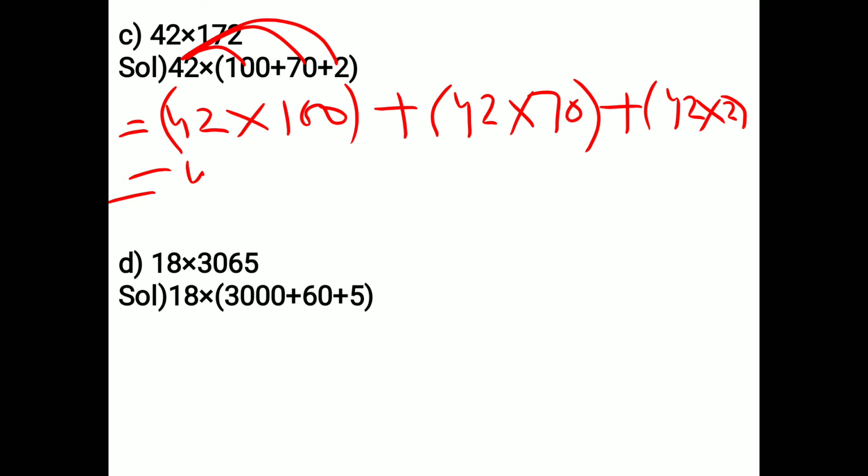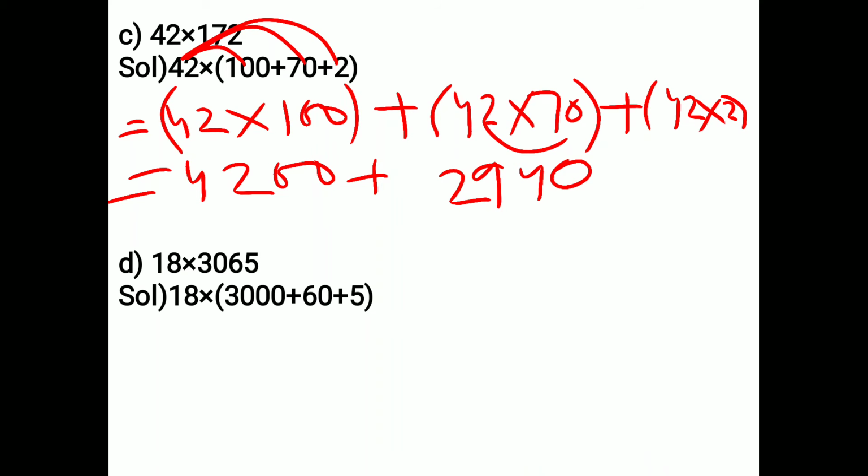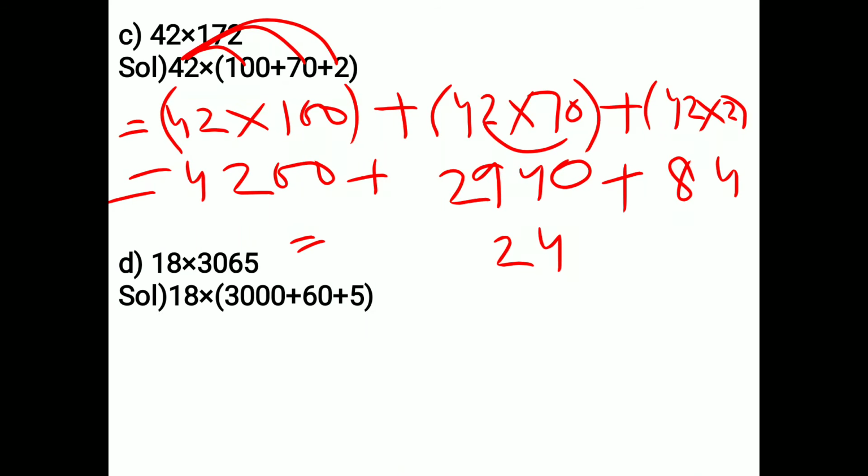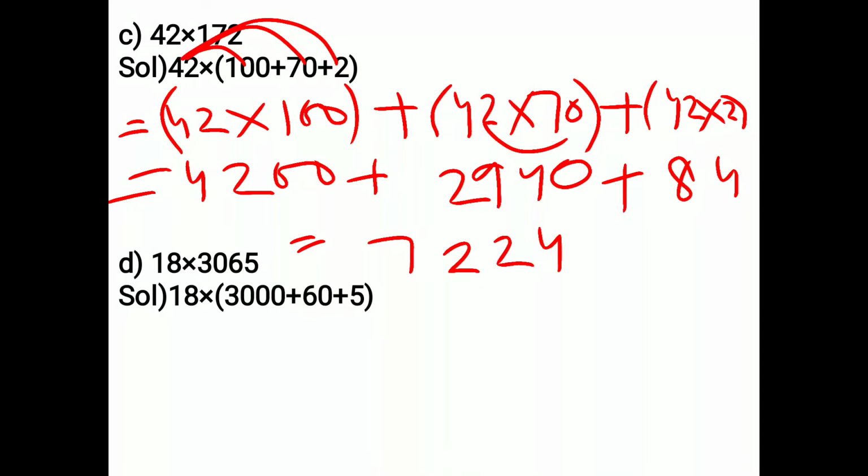Now 42 into 100 is 4200 plus 0 as it is, multiply with 7 only. 7 2s are 14. 7 4s are 28, 29 plus 2 2s are 4, 2 4s are 8. Add them. Answer will be 4. 4 plus 8 is 12. Then again 12. Answer is 7224.